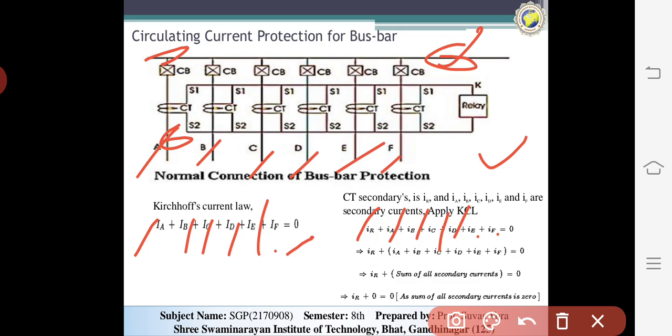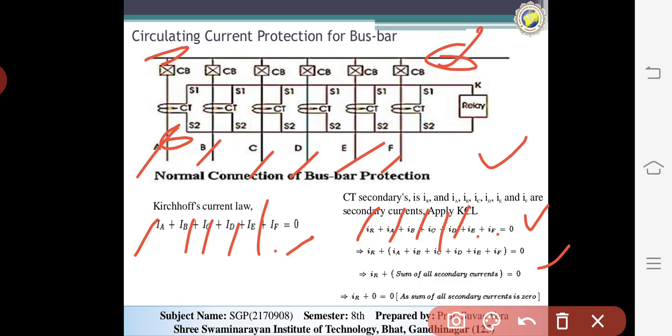You can see the equation of this. If I apply the KCL, the equation will be 0: IR plus the summation of IA, IB, IC, ID, IE and IF equals 0. IR is the relay current, so IR plus the summation of all secondary currents equals 0.